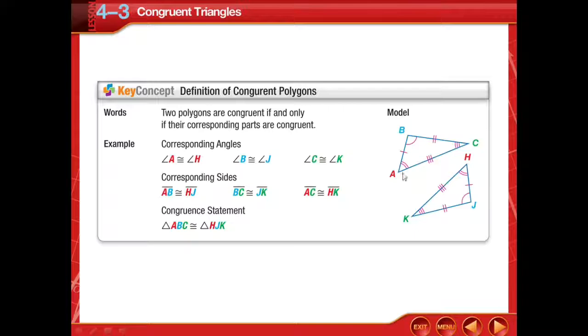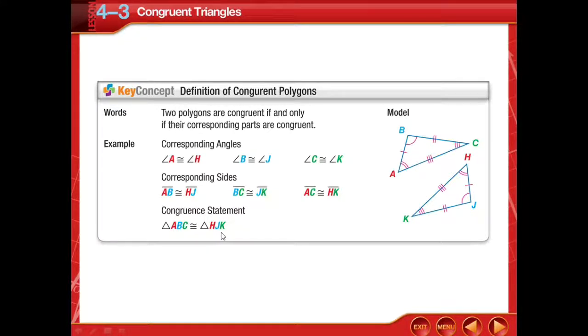Here I am being told A is congruent to H, B is congruent to J, and C is congruent to K. That lets me know that my corresponding sides, A to B, is going to be congruent to H to J. B to C is going to be congruent from J to K. A to C is going to be congruent from H to K. And since all of my angles correspond and all of my sides correspond, I can write a congruency statement.